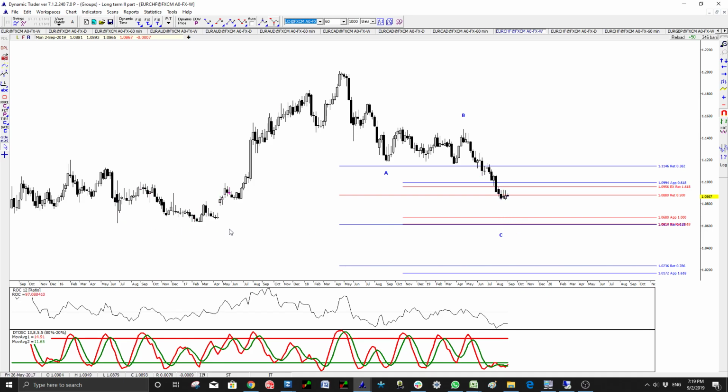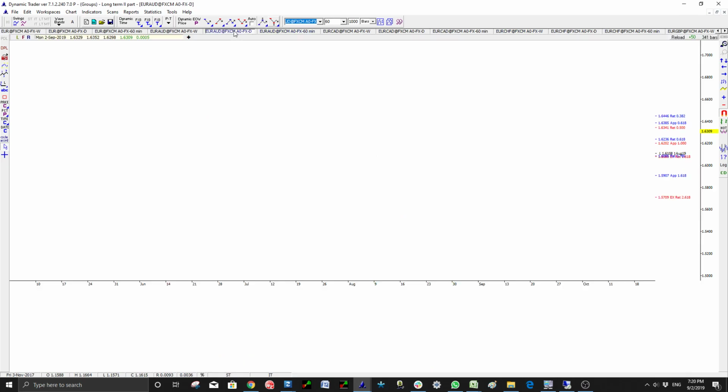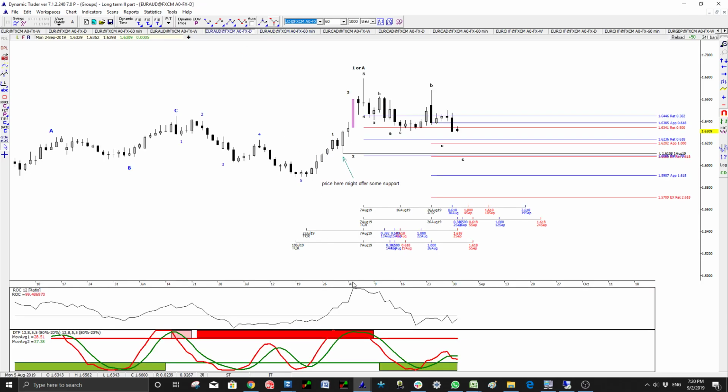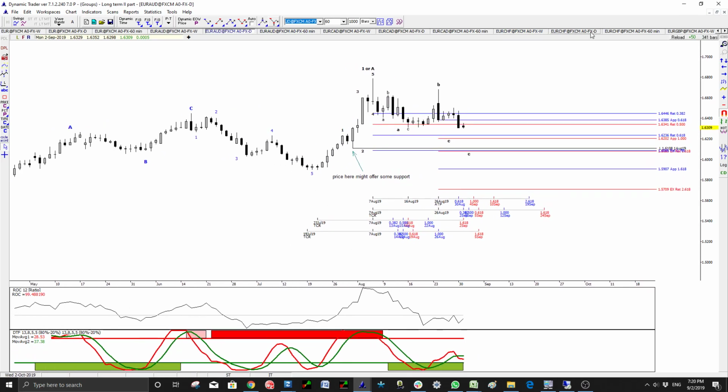You see this pattern happening, not exactly, but kind of similar, on most of the charts of the euro currency pairs. So what I would advise is to look at them and choose the one that you like, which fits the best, the most clear pattern that has all the elements in it, and then trade that. For me, Euro Aussie dollar is the one that works best, right?